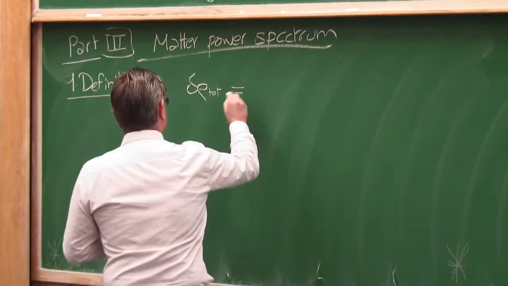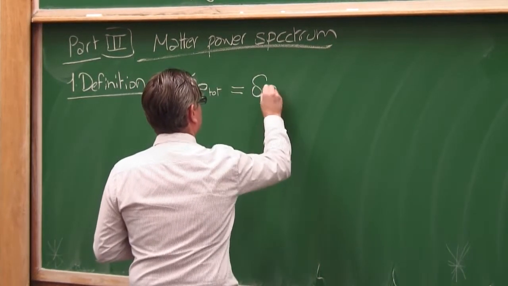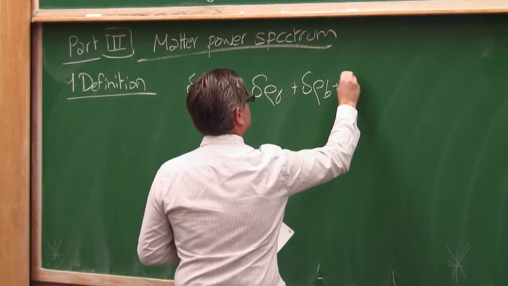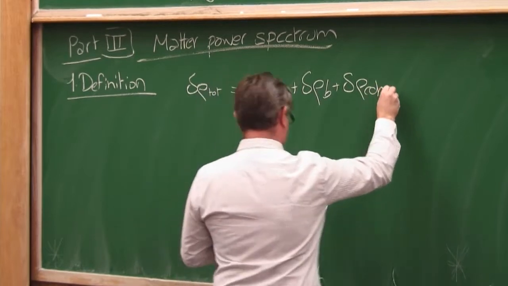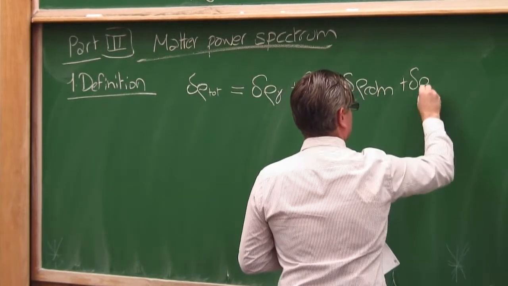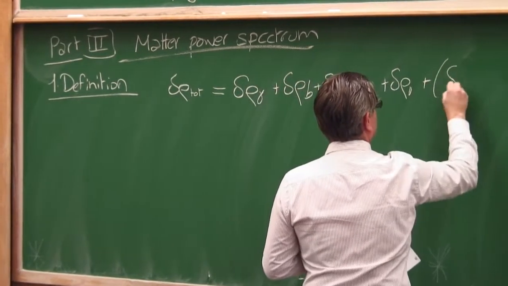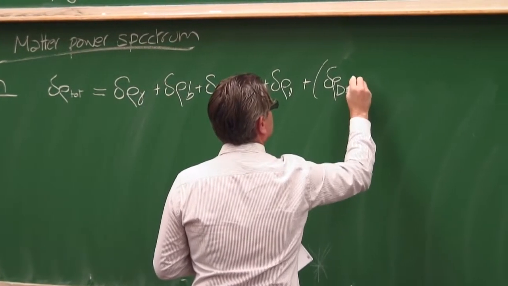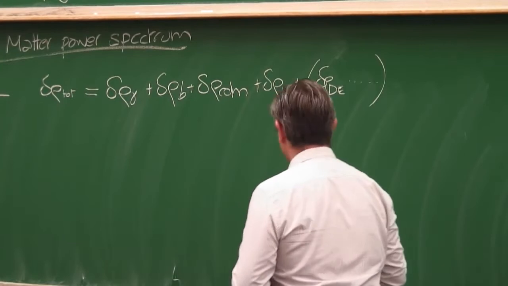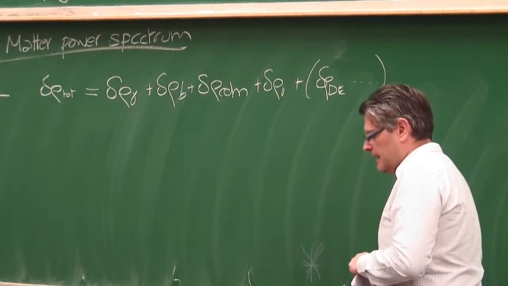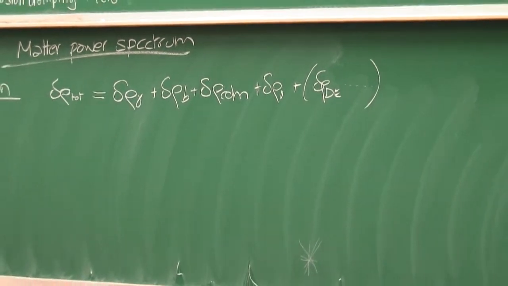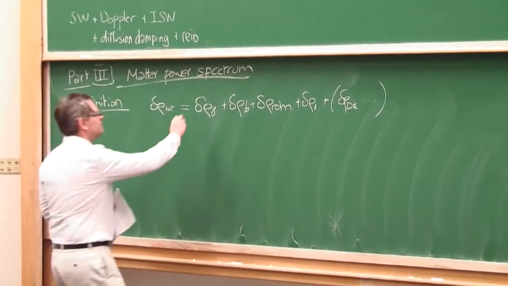This delta rho tot comes from delta rho photons plus delta rho baryons plus delta rho CDM plus delta rho nu plus eventually other things. You could have delta rho of dark energy if dark energy has large perturbation, etc. We are interested at late times, so photons today are completely subdominant with respect to non-relativistic matter.